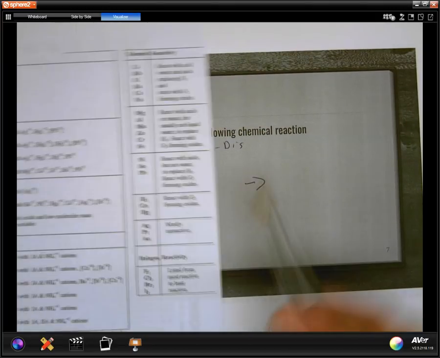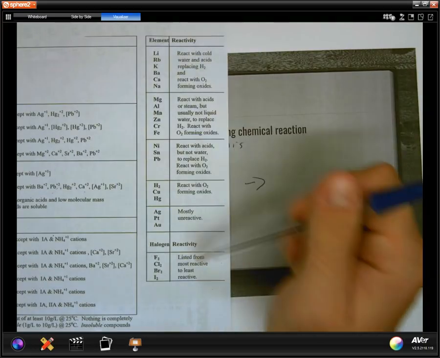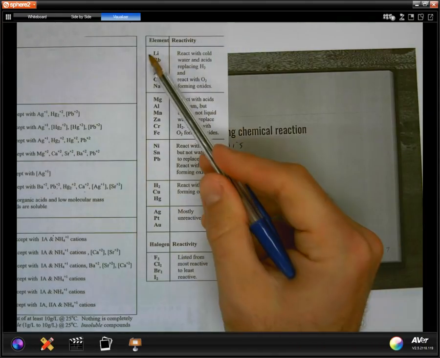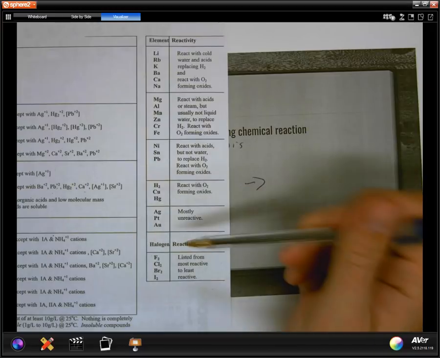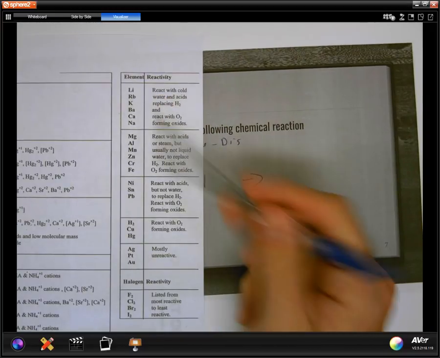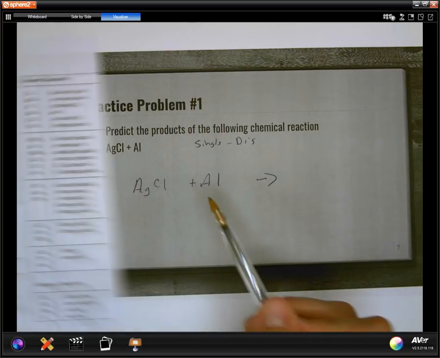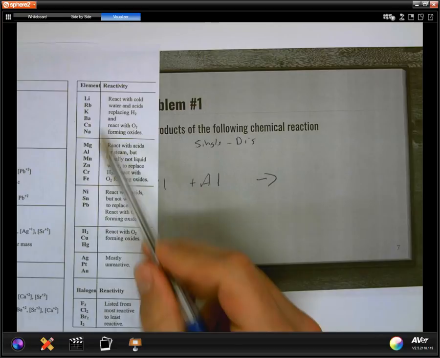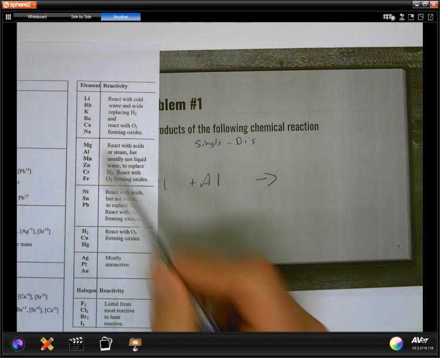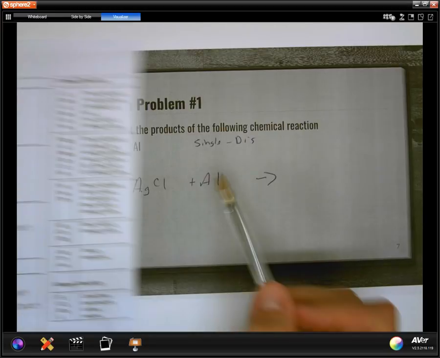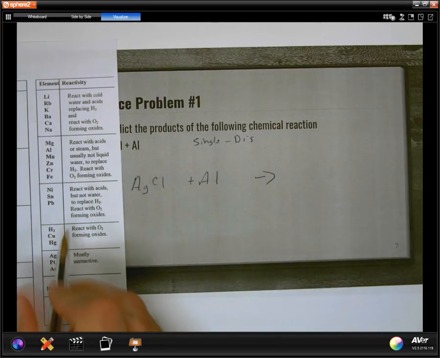Well, it's going to depend on his attractiveness, how reactive he is. Is he a 10 out of 10 or is he like a 2 out of 10? And so basically how we use this sheet is we check between the two cations who is more reactive, who is higher up on this list gets to walk home with the girl. So we see here that silver, Ag, is very unreactive. So this is like basically saying he's like a 2 or a 1 on the 10-point hotness scale.